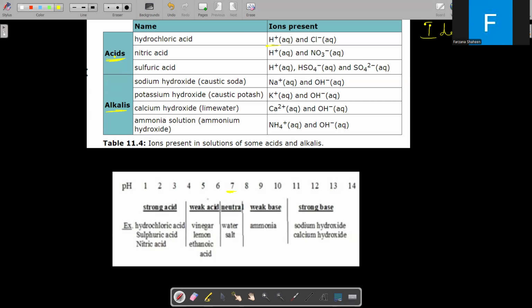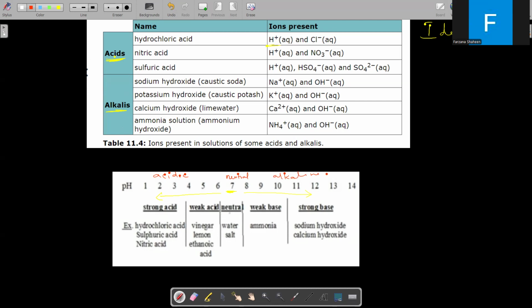Anything below 7 is called acidic, and anything above 7 is called alkaline. So let's just write that down. Here it is acidic, this is neutral, 7 is neutral, and above 7 becomes alkaline.